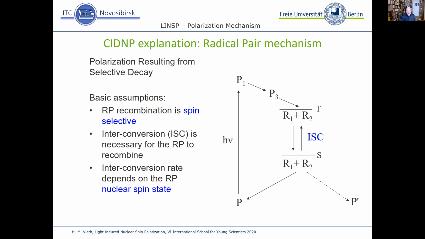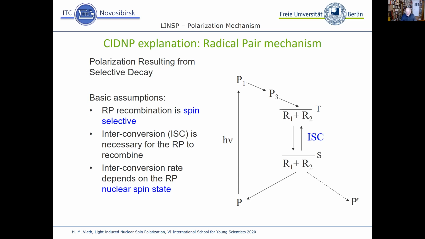final reaction state. And since the interconversion rate depends on the nuclear spins, it is faster for one spin configuration as compared to the opposite spin orientation, meaning that some radicals with the proper spin configuration react faster back to the ground state, whereas those with the wrong spin configuration react slower.